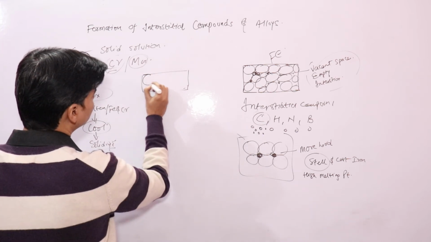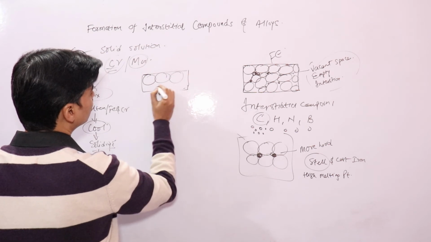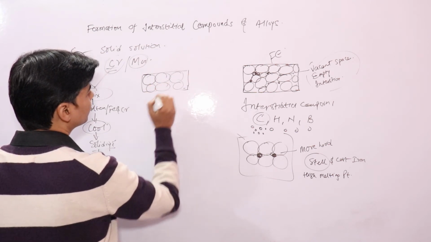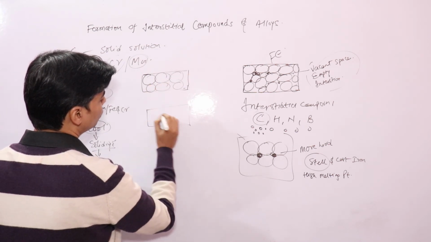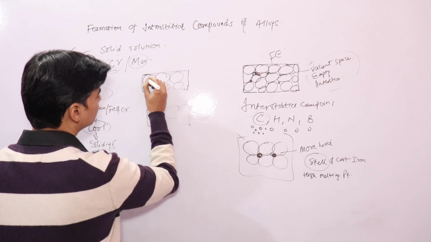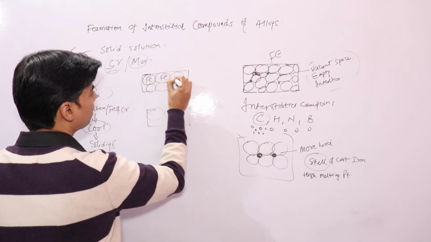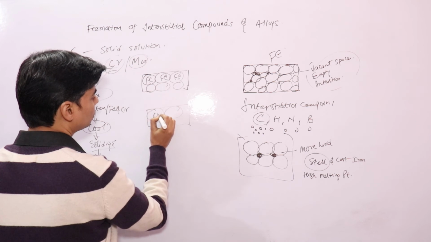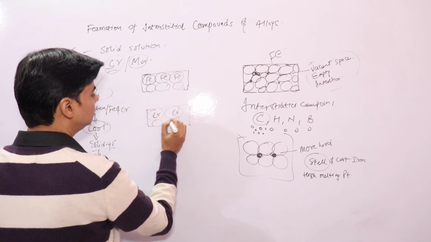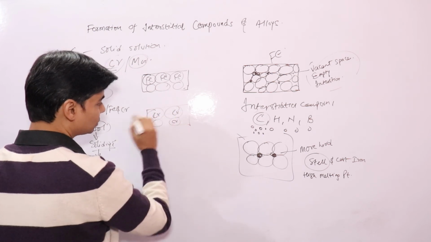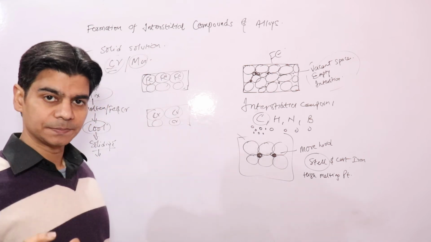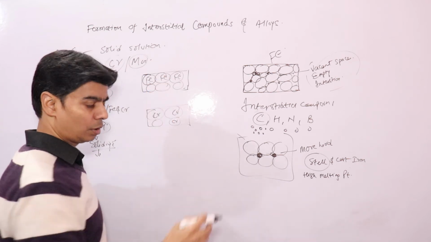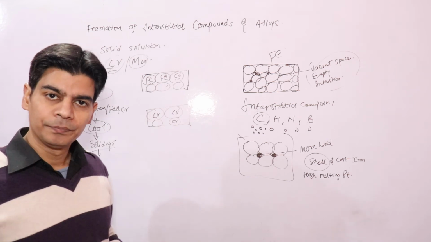If this is your iron, and this is your chromium, the size of their atoms or particles is the same.